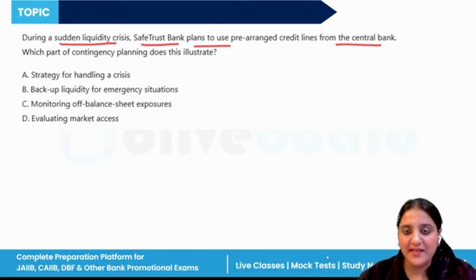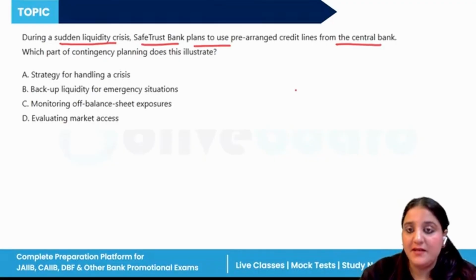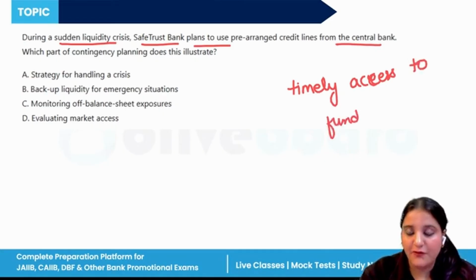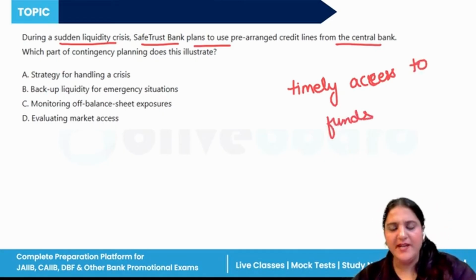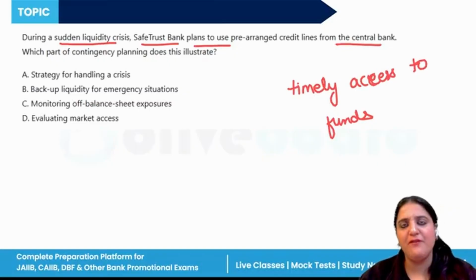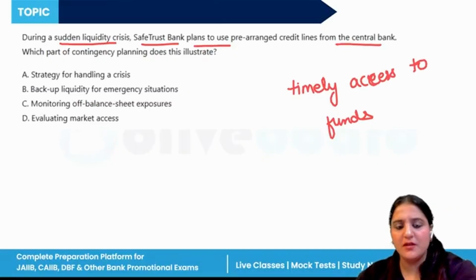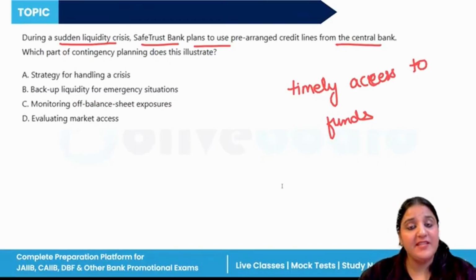What is contingency planning? Contingency planning basically ensures timely access to funds for smooth operation. It is like an emergency plan prepared for any uncertain situation. Now, there is a sudden liquidity crisis. So credit lines and unused facilities represent emergency liquidity sources. They are pre-arranged and can be activated immediately.